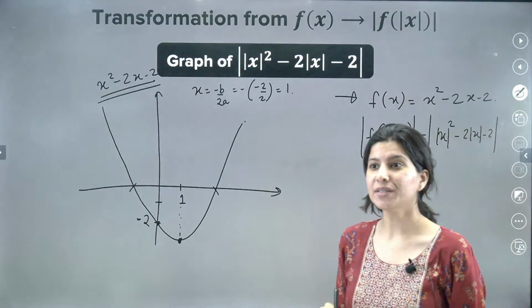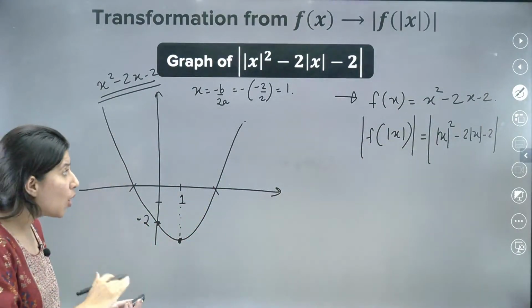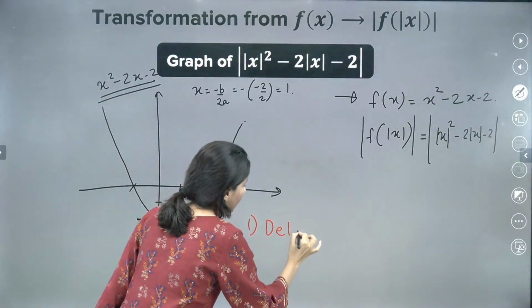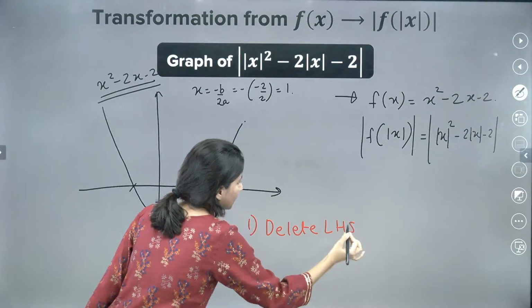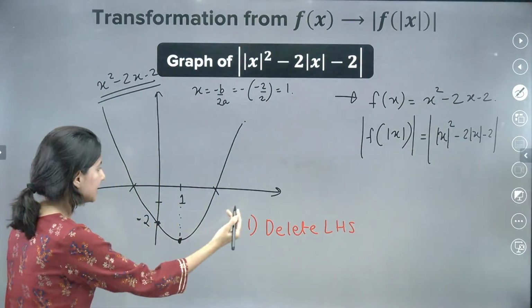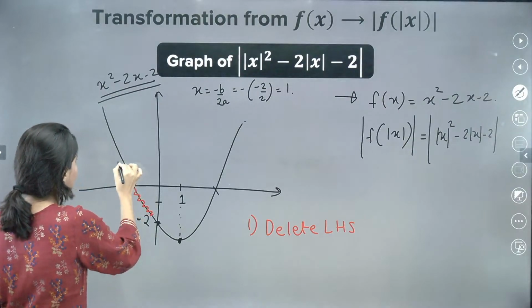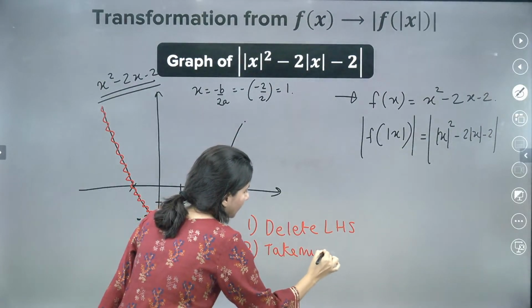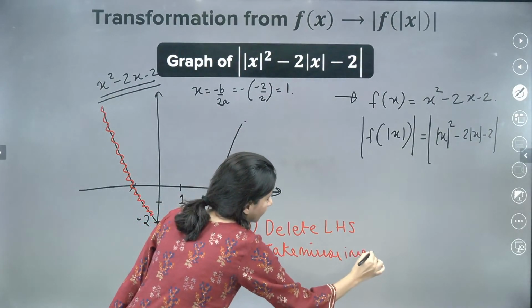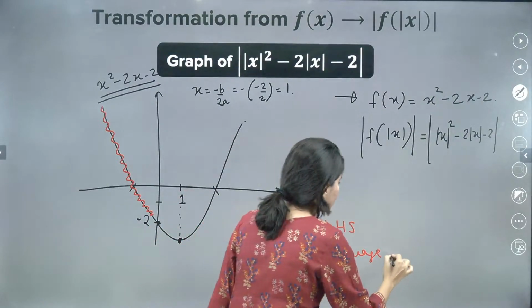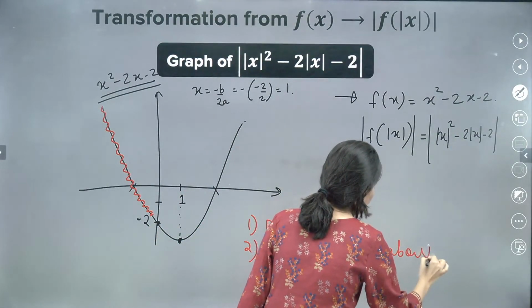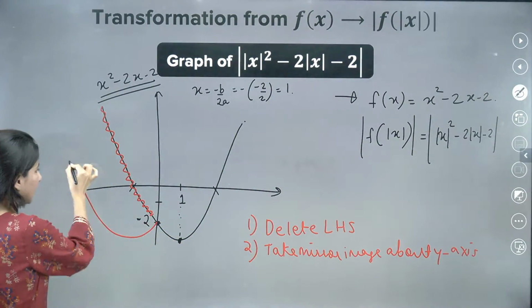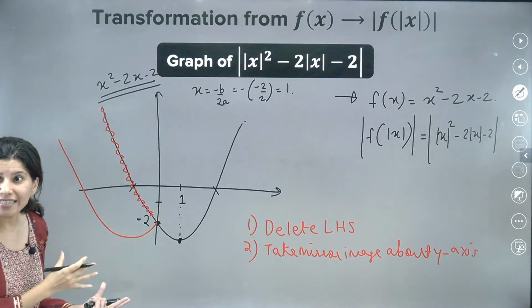Now what you need to do is you need to plot the graph of mod of f of mod x. How will you do that? So first step is delete LHS. Okay, and right hand side will be exactly the same. So you have to delete this. Second step is take mirror image about y-axis. So this graph you have right now is what?